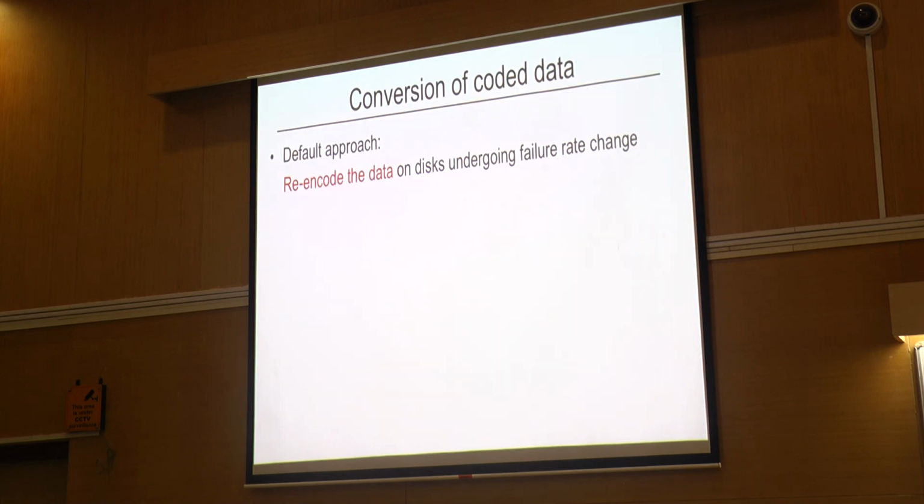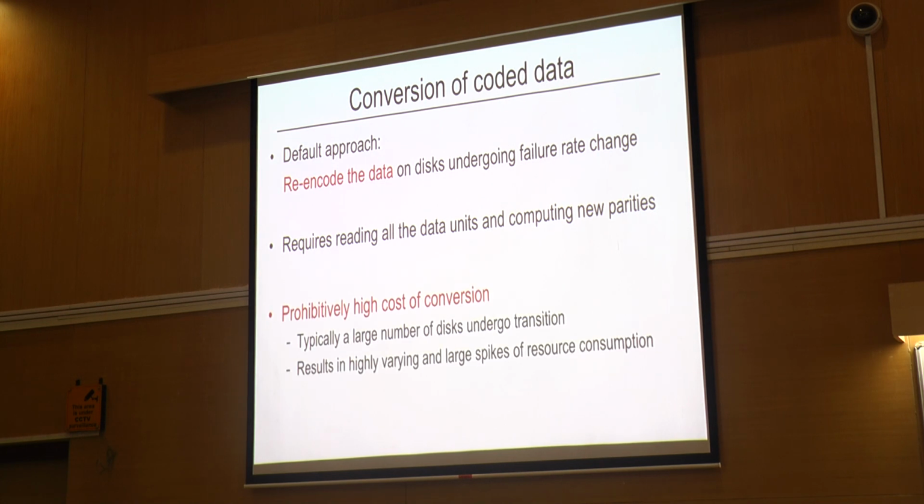Okay, so one default approach of changing n and k for already encoded data would be to re-encode, which is basically reading all the data and then computing the new parities, right? But this approach is prohibitively high cost for conversion, because typically these disks are deployed in fairly large batches, and then they go through these different stages together.